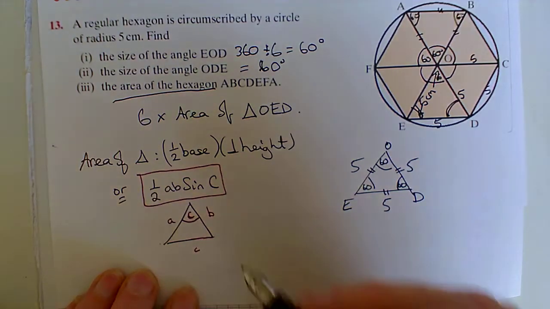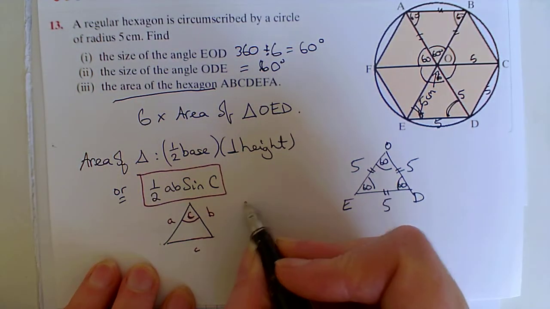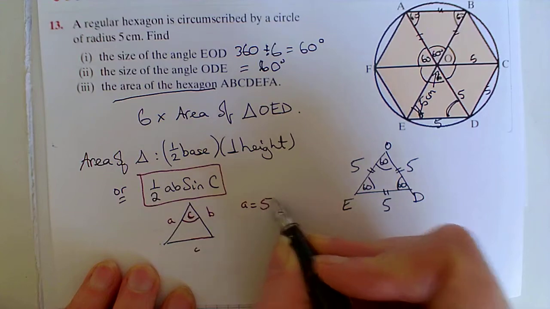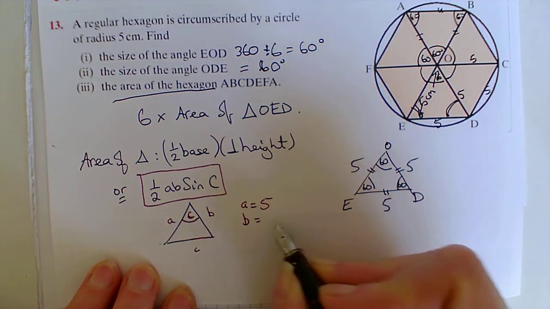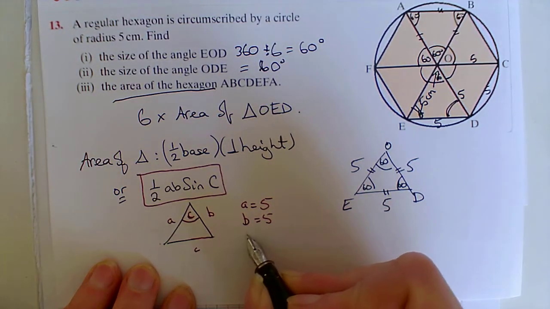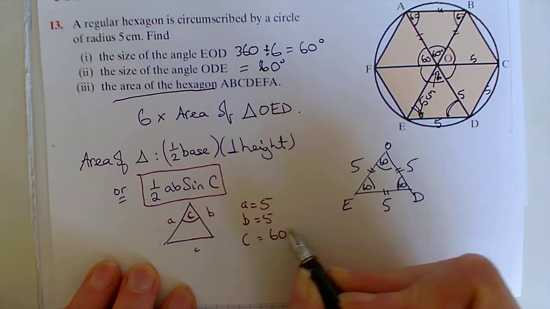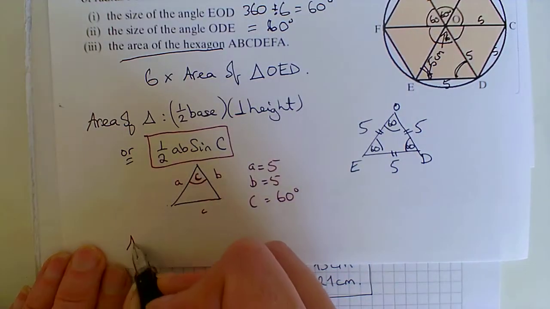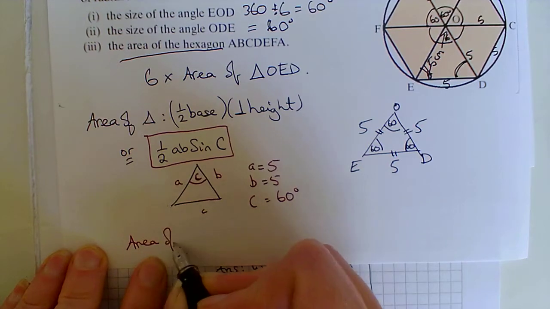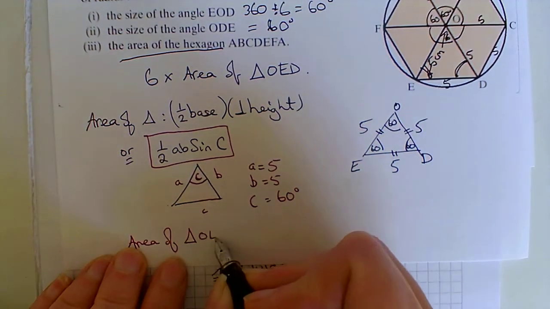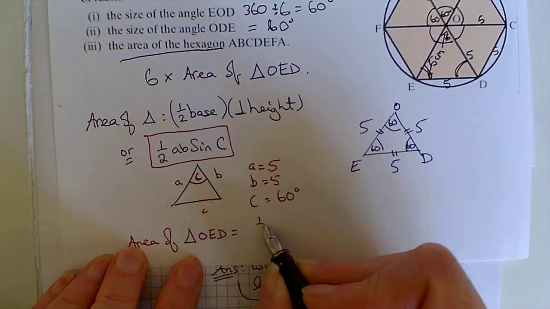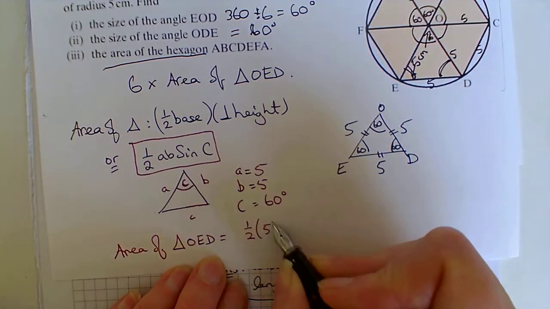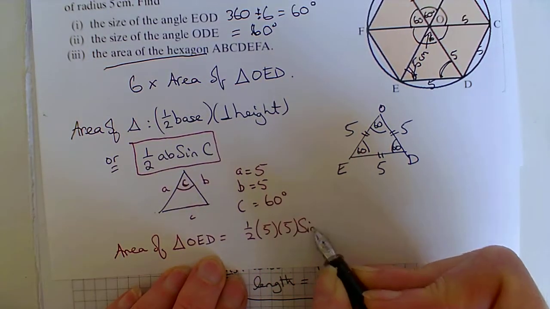So here we know the angle, and we can say that little a, one of the sides, is 5, little b, the other side, is 5, and the angle between them is 60 degrees. So the area of the triangle OED is going to be 1/2 by 5 by 5 by sine of 60.